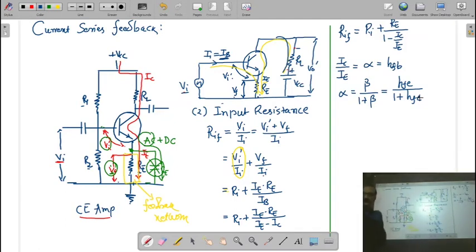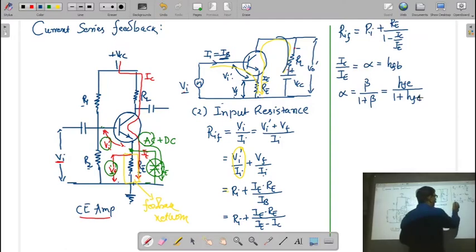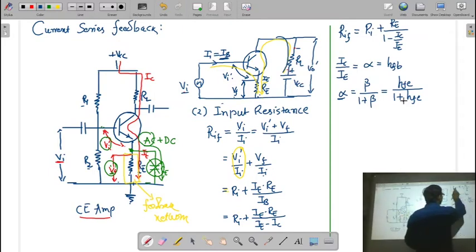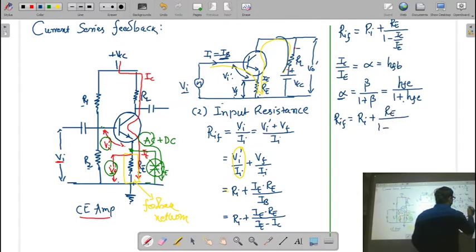In this way, we can represent alpha in terms of the H parameter, that is HFE upon 1 plus HFE. So my input resistance RIF, I can write as RI plus RE upon 1 minus HFE upon 1 plus HFE.